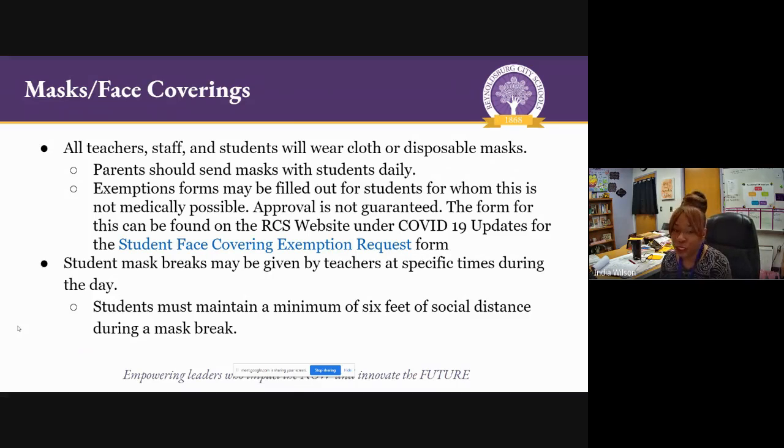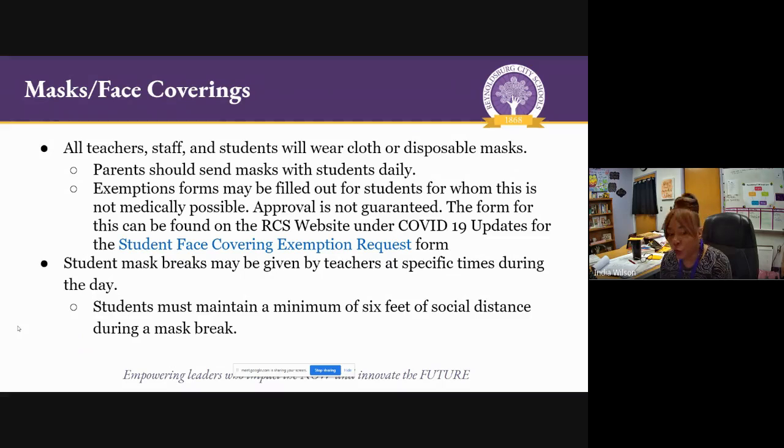Now, if there is a medical reason and your student cannot wear a mask, please complete the medical exemption form. It's called the Student Face Covering Exemption Request Form. Please remember that not all requests may be honored because it has to be a medical reason.